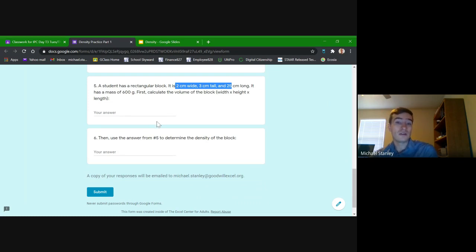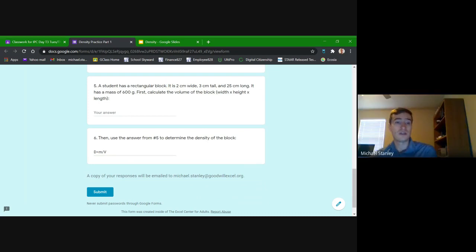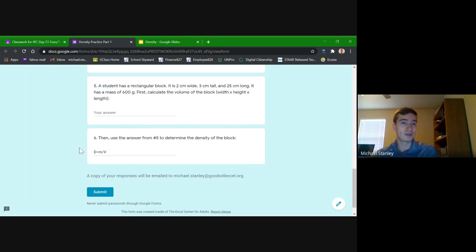And then you've got the volume for your answer, and you've got the mass that it gave you. So for number 6, you just use the density equation, density equals mass divided by volume, in order to figure out the final density of this rectangular block. So you'll use the information in number 5 in order to answer number 6.